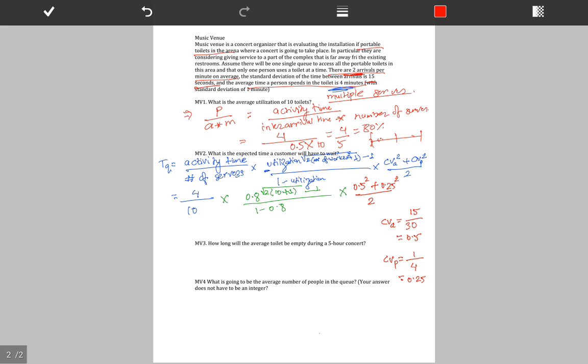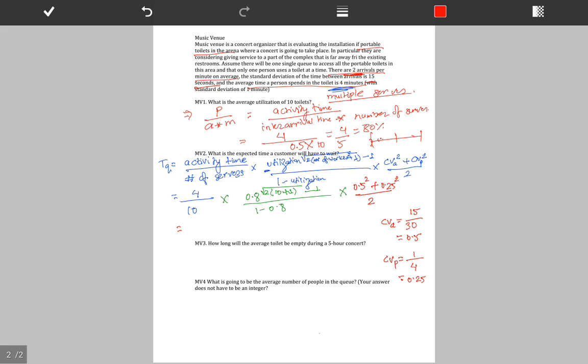In this whole mess, make sure you do 2 multiplied by 10 plus 1, that is 2 multiplied by 11. You take the square root of it and subtract 1 from it.